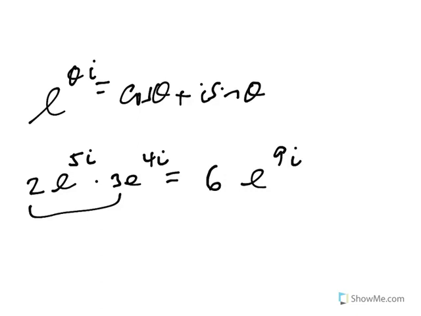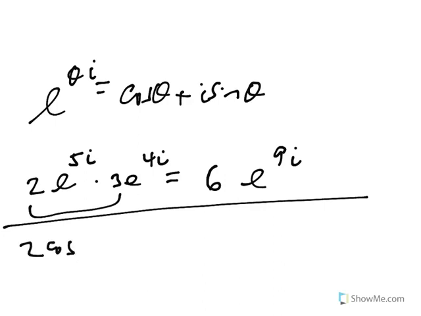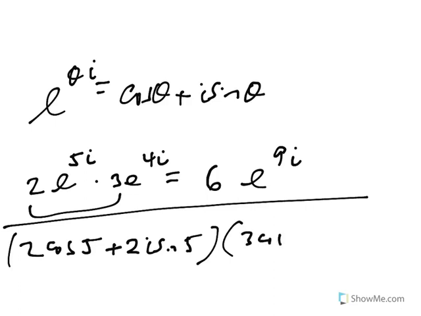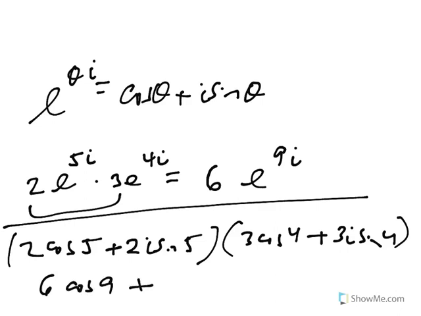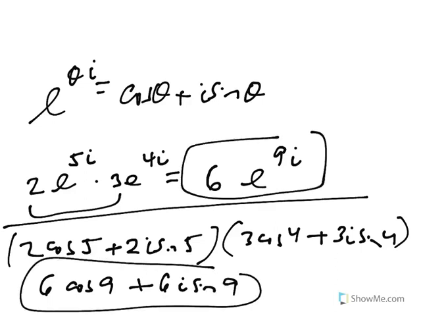9i. On the other hand, if I change this into 2 cosine 5 radians plus 2i sine 5 radians times 3 cosine 4 radians plus 3i sine 4 radians, the multiplication rule for complex numbers says I should get 6 cosine 9 plus 6i sine 9, which kind of agrees with this answer, although it's not really clear why that would be true no matter what the base was, even if it wasn't e.